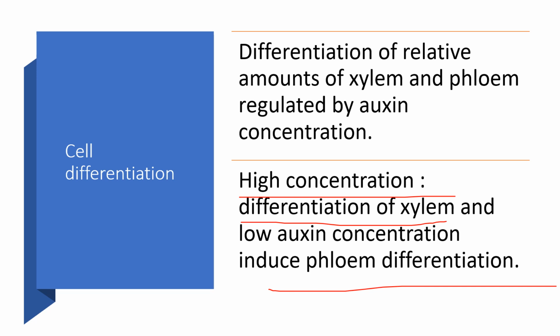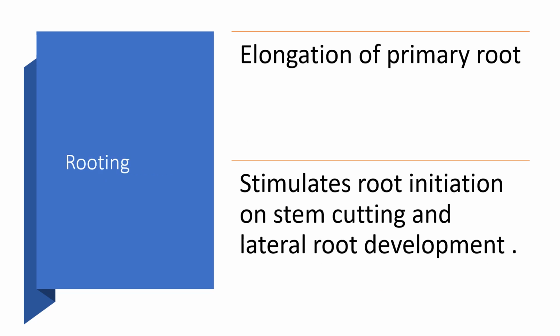Next is rooting. How does auxin play a role in rooting? Auxin inhibits elongation of the primary root, but stimulates root initiation on stem cuttings, that is adventitious roots, and lateral root development.